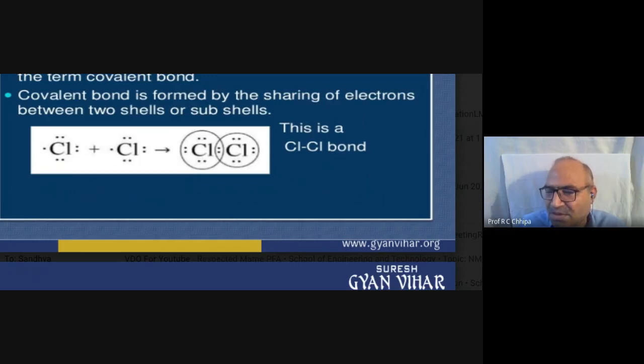Atomic structure of the chlorine atom: 17 electrons are there. How are these 17 electrons arranged? In their specific order. 7 electrons are present in the outermost shell or subshell.